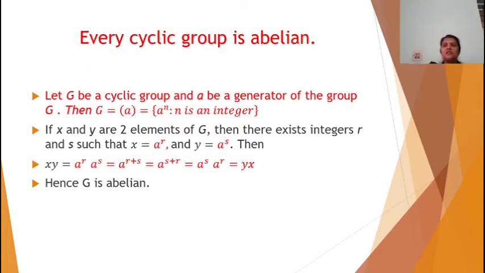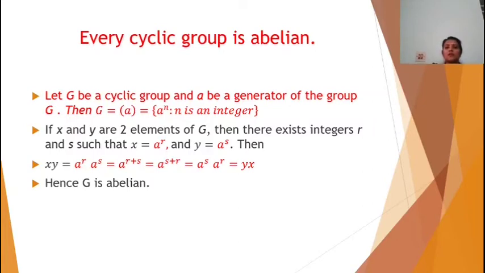That is, every element of G can be written as a power of a raised to n. To show that it is abelian, we have to take two elements from the group. Let x and y be two elements of G.